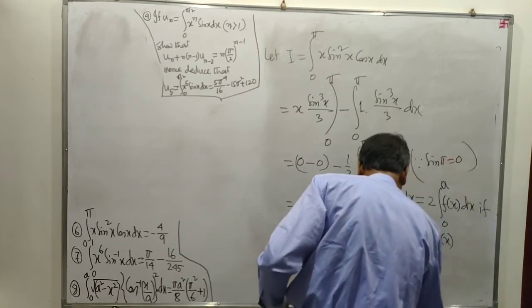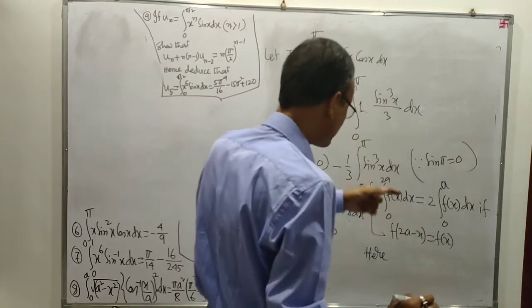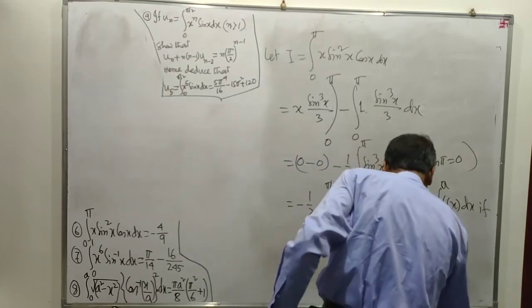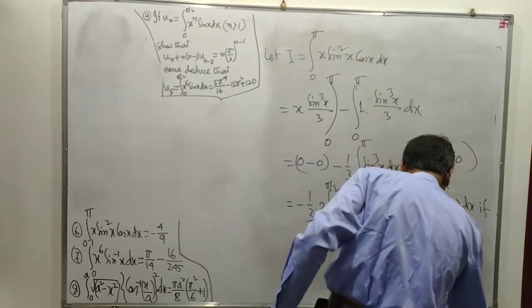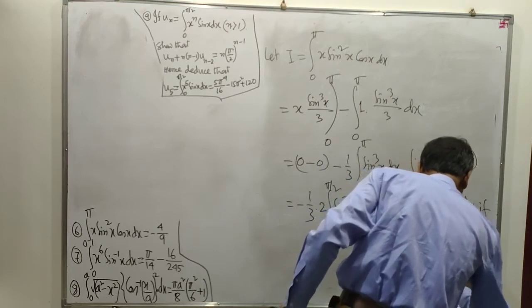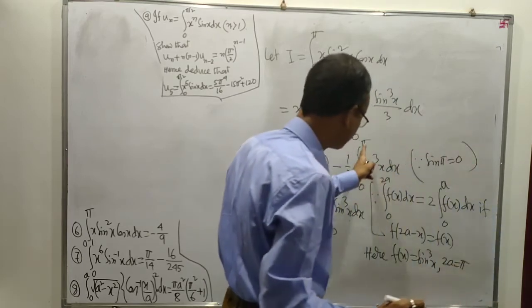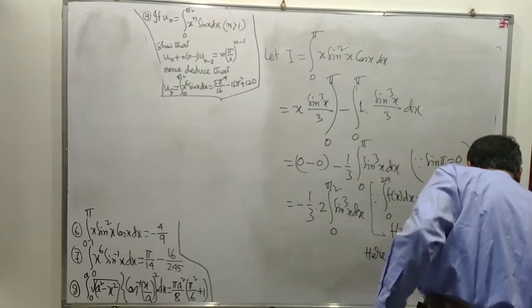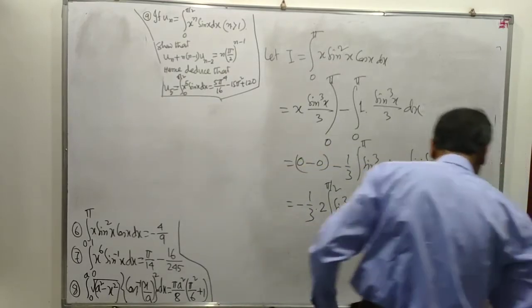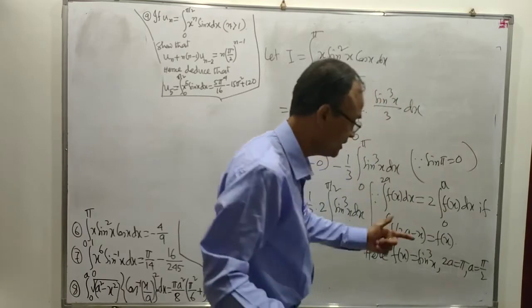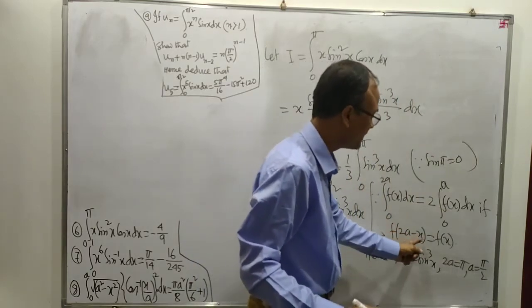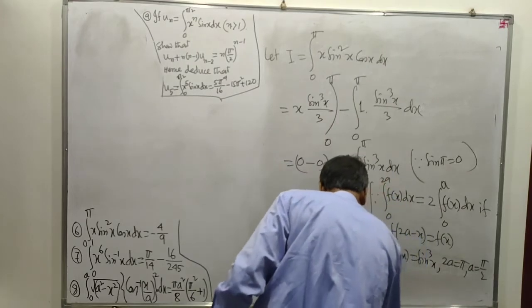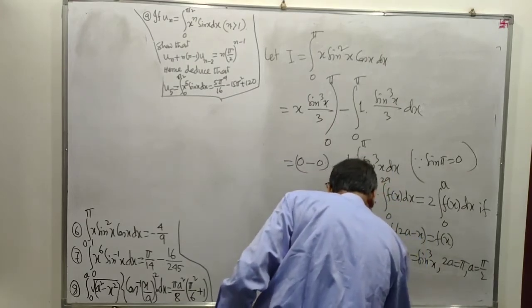Here you see f(x) equal to sin cube x, 2a equal to pi, a equal to pi by 2. We have to show that f(2a minus x) is equal to f(x). What is f(2a minus x)?